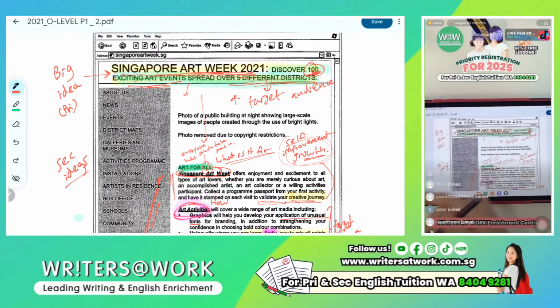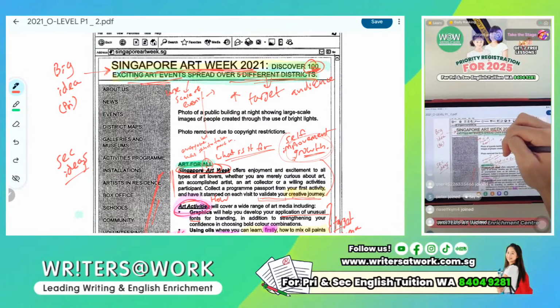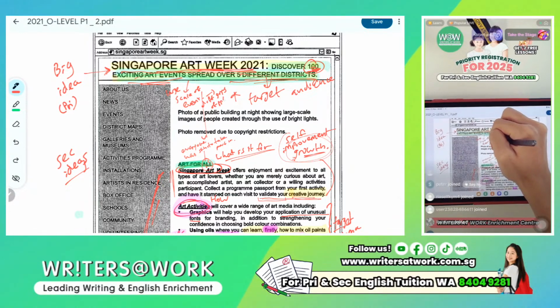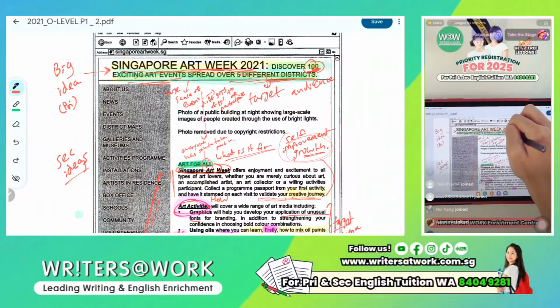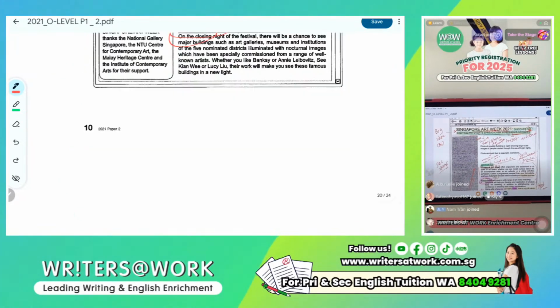So it shows the large scale of the event that will allow different groups of people to participate. Remember what I talked to you about the districts? We're looking at the different kinds of makeup, the different percentages of people of different age groups and different backgrounds. Okay, so let's see how we're going to put these two ideas together.